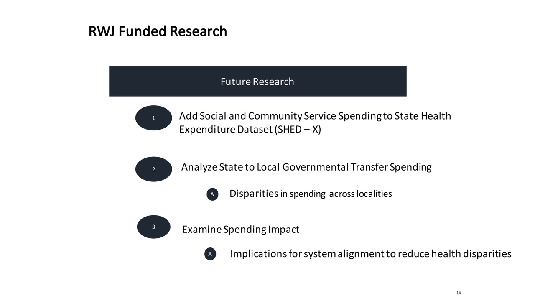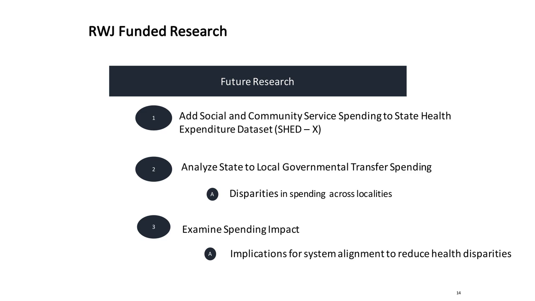Next slide. So what are we going to be doing next? We are working with this data set to supplement it with other types of county spending on social and community spending. We are going to continue analyzing these interesting facts that states can move money from its state budget into county budgets, and they can do a little bit of inter-county transfers. They can help supplement their poorest counties or not.